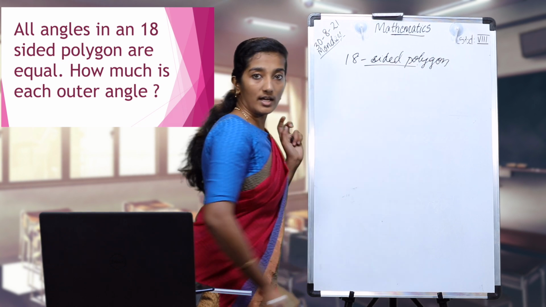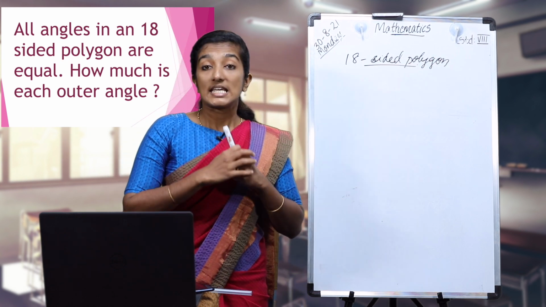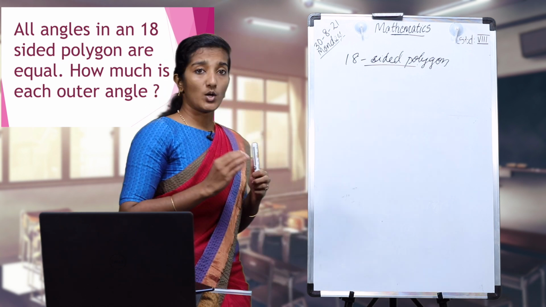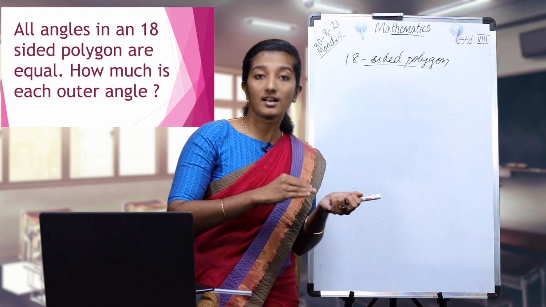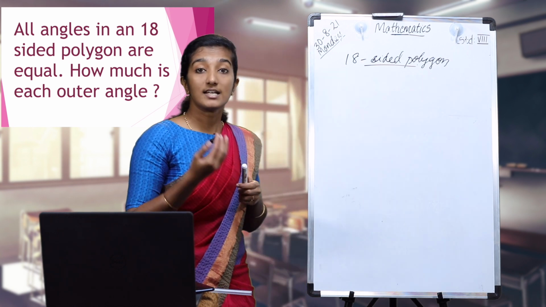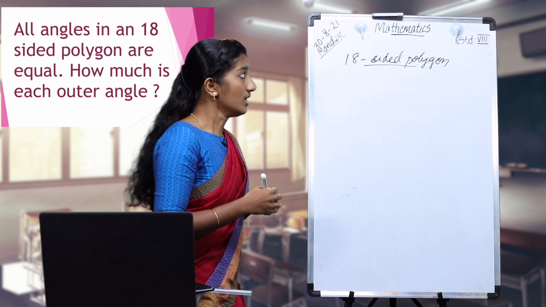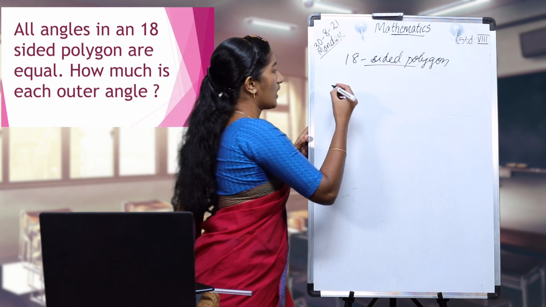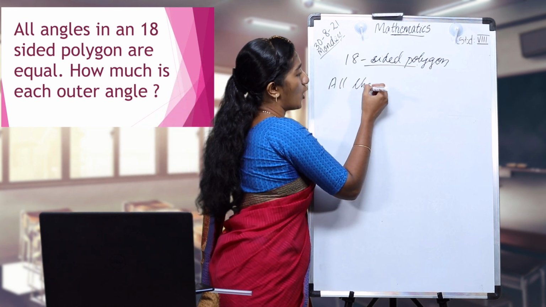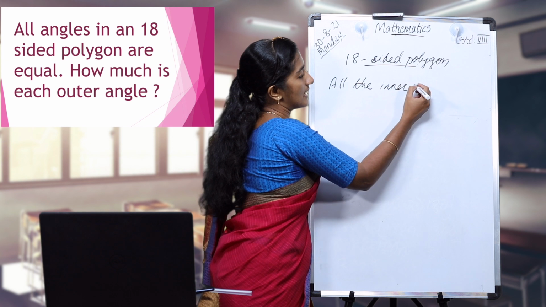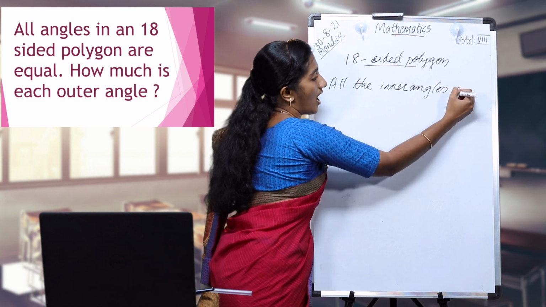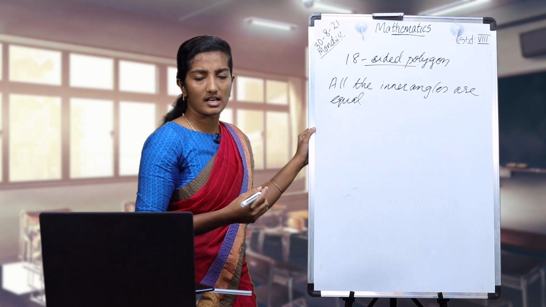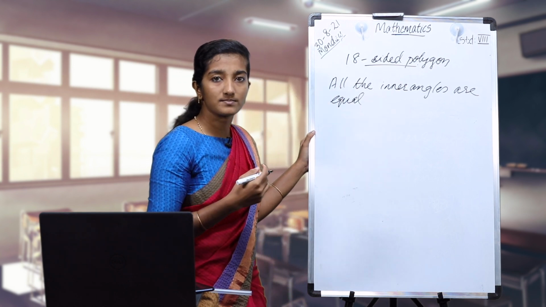It is not specified whether it is an inner angle or an outer angle, so we can take it as the inner angles. Here we are given an 18-sided polygon and all the inner angles are equal. If all the inner angles are equal, what about the outer angles?